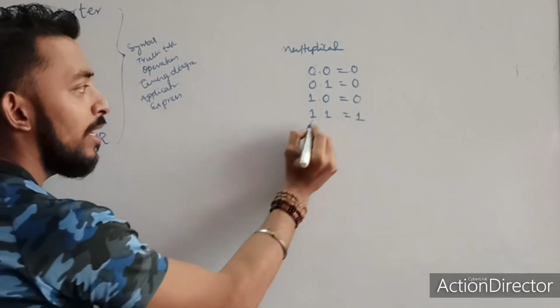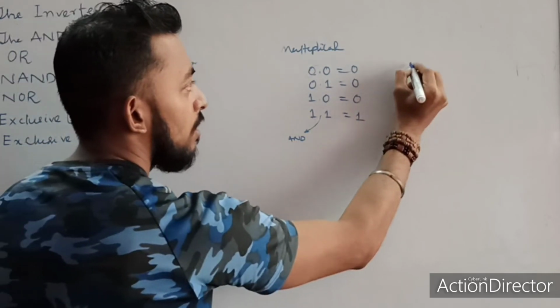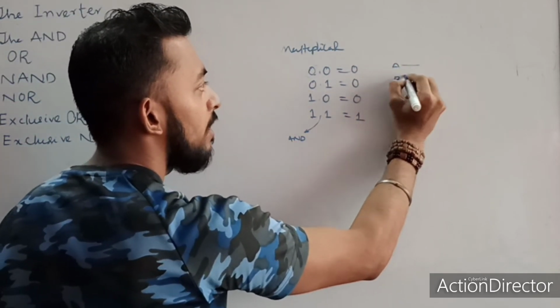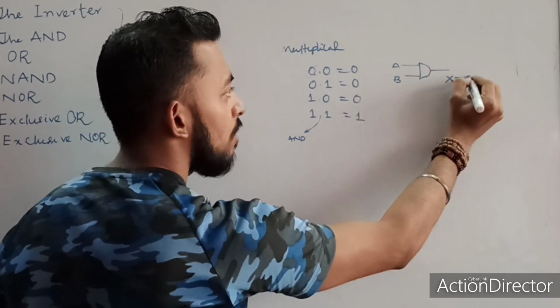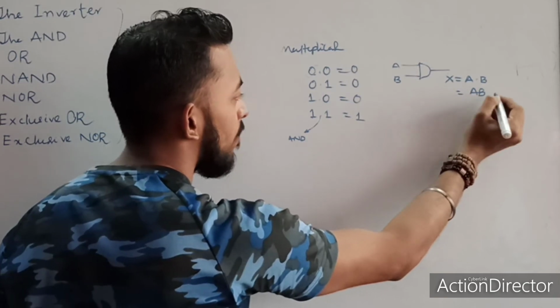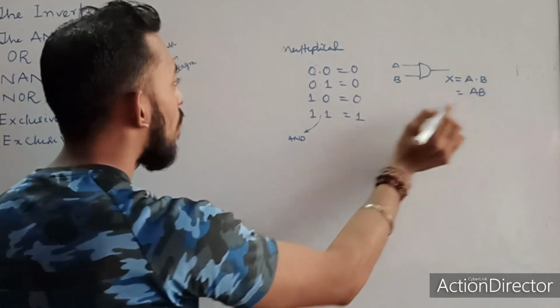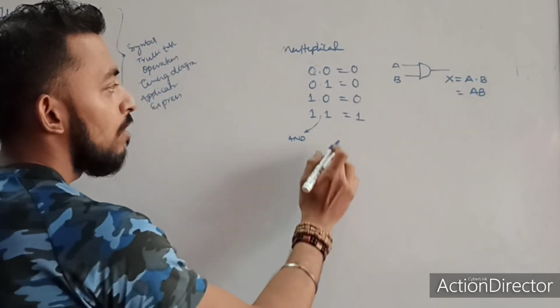What is the dot? This dot is indicating this AND gate. If there are two inputs A and B and this is the AND gate, then this output is X, which is nothing but A dot B, or simply I can write AB, no need of any dot, or you can put the dot. This dot means this is the AND operation, or I can say the multiplication is going on.